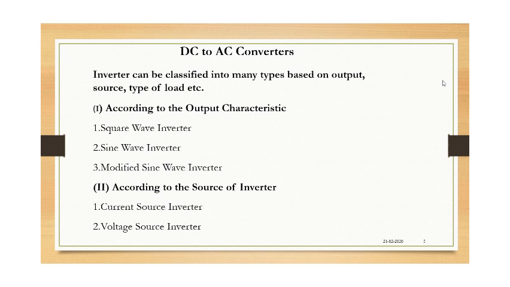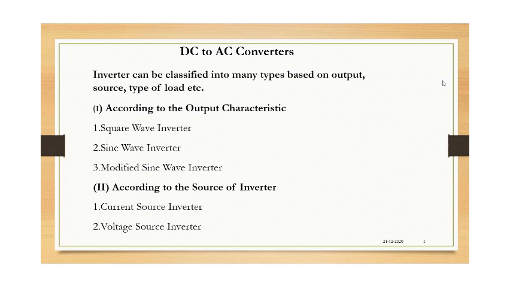So based on the different ways these circuits are designed, the inverters can be classified according to the output, according to the source. So we'll briefly look at the different types of inverters here.